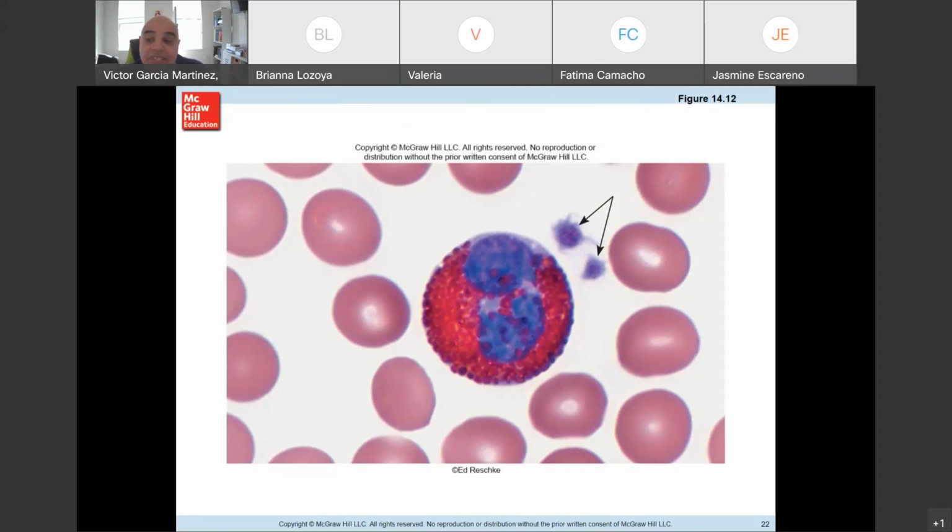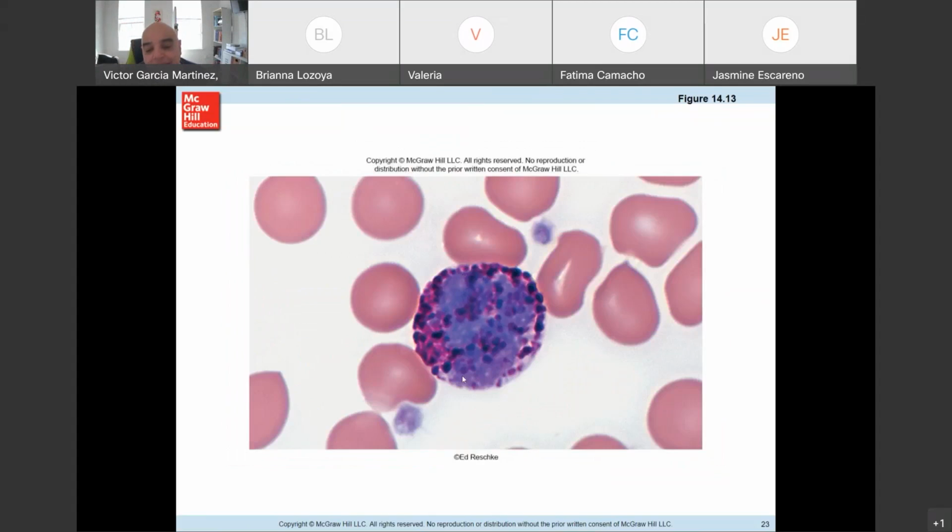Then if we have infestations with tapeworms, or if we have asthma or any other kind of allergic reaction, we're going to have an increased number of eosinophils, and that is called eosinophilia. We have neutrophils, neutrophilia, and now we have eosinophilia.